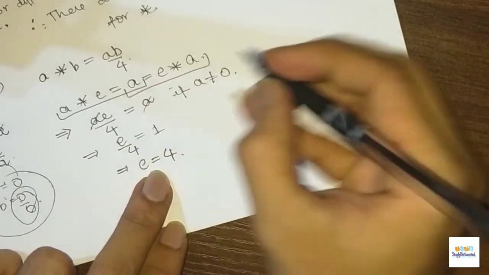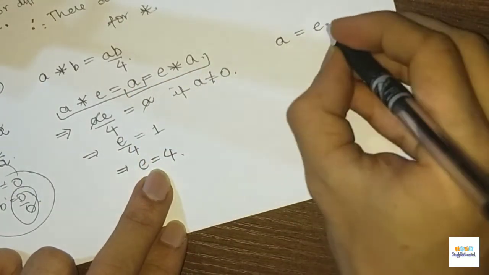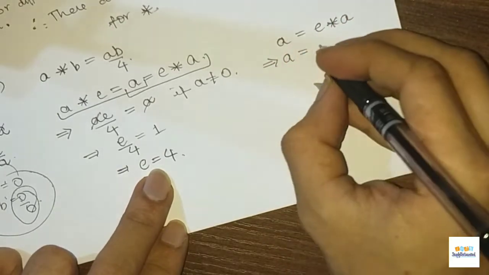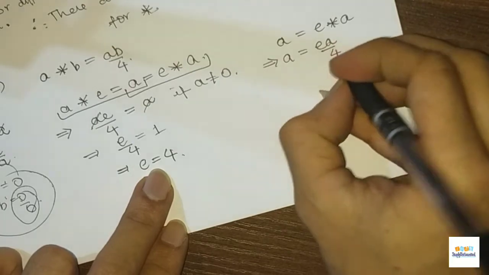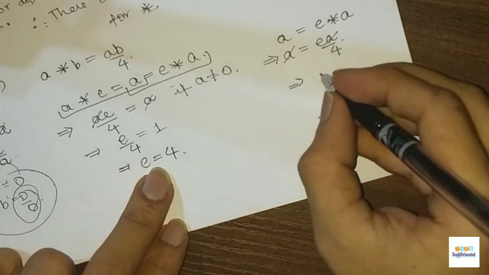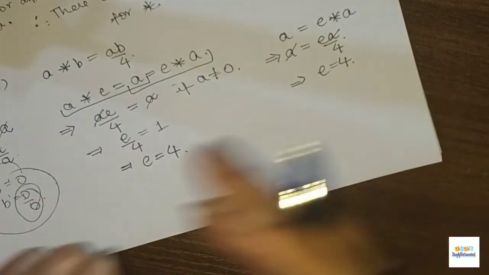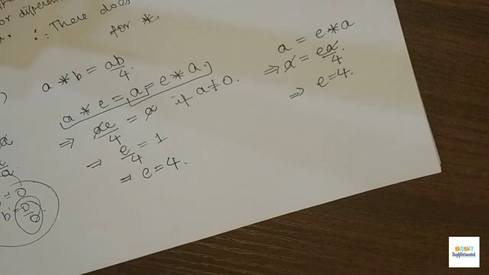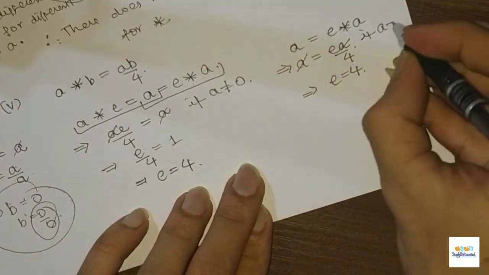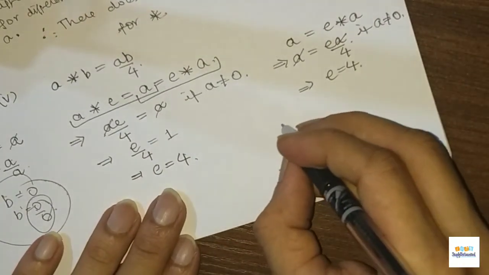Also, if we take this, we will get the same thing, right? Let us check. If we take a equal to e star a, that means a is equal to ea by 4, right? So a and a will get cancelled, we will get again e is equal to 4, right? So you are getting the identity element e equal to 4. Now this is if a is not equal to 0. Now what about if a is equal to 0?